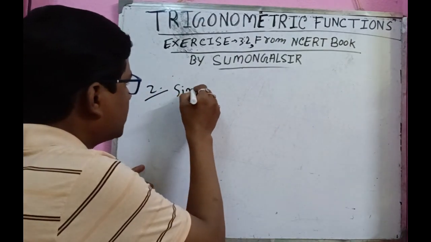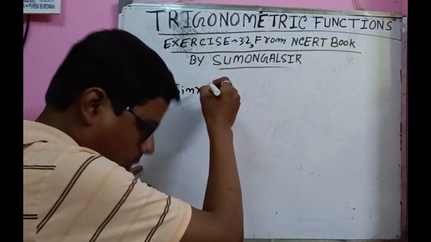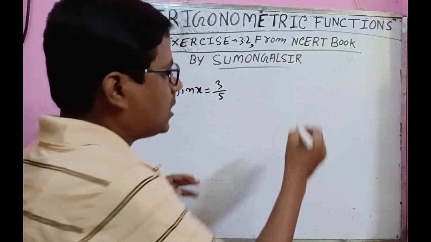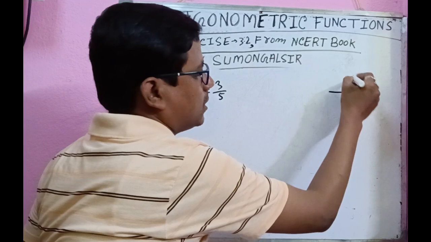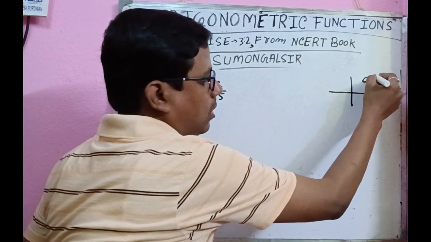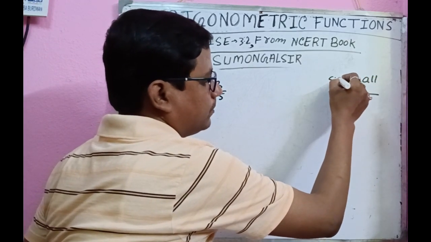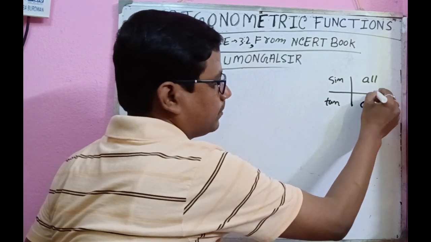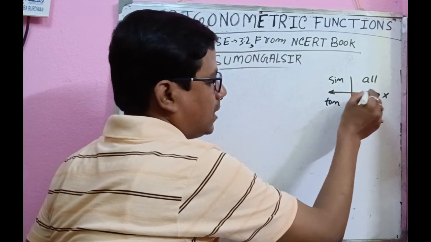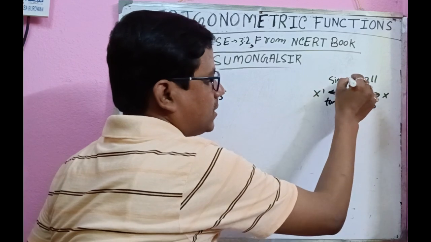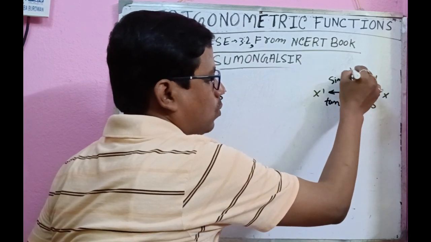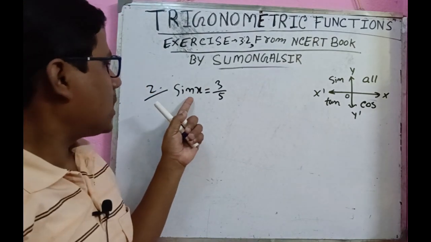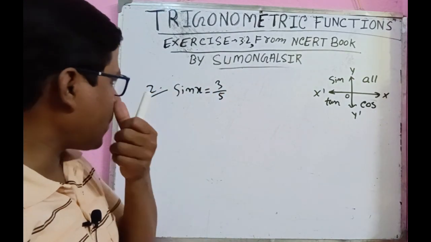The second question is: sin x is equal to 3 by 5, and this is in the second quadrant. So in this quadrant diagram, with X'OX and YOY', sin x is equal to 3 by 5.